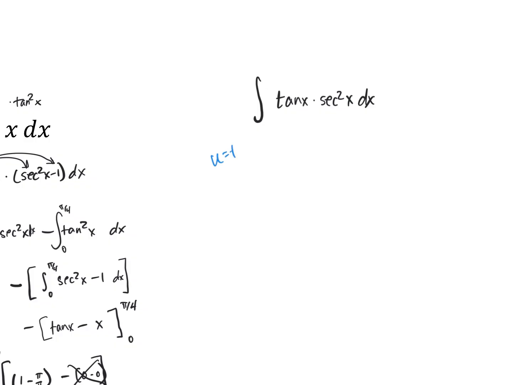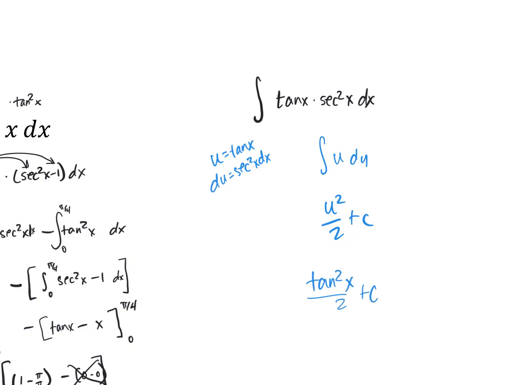U equals tangent of x. Du equals secant squared x dx. So I'm really integrating u du, which is u squared over 2 plus c, which is tangent squared x over 2 plus c. We feel okay with that answer.